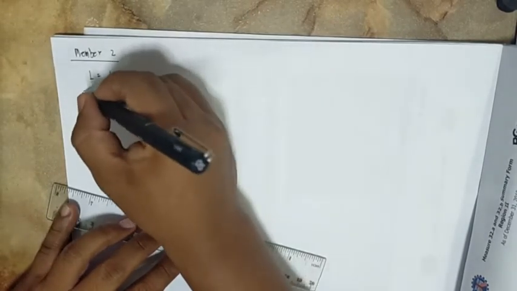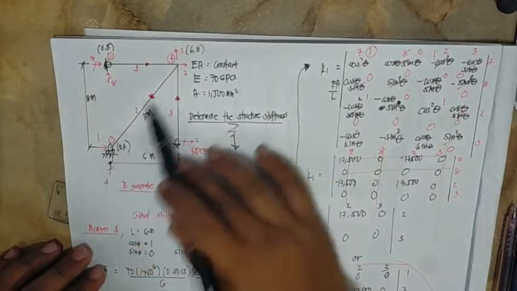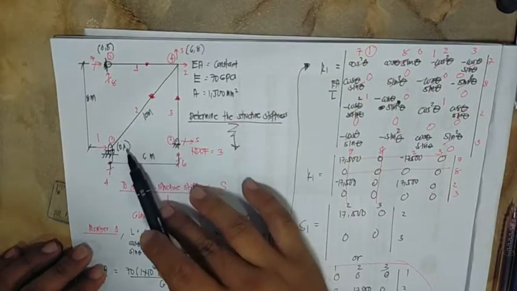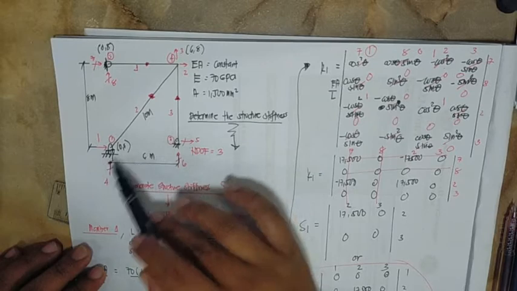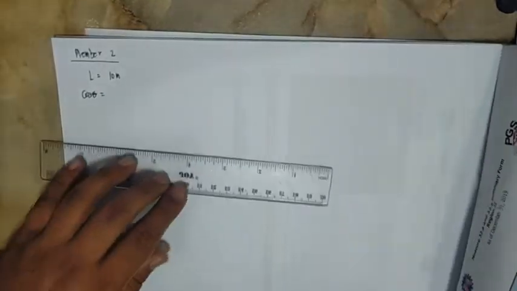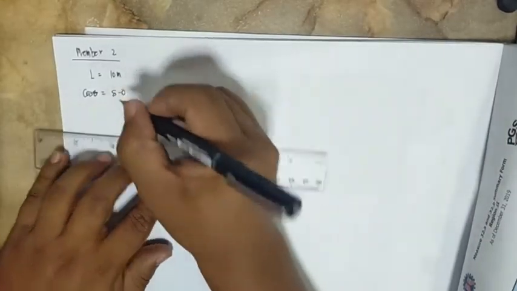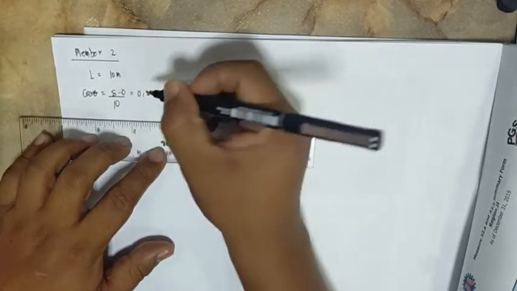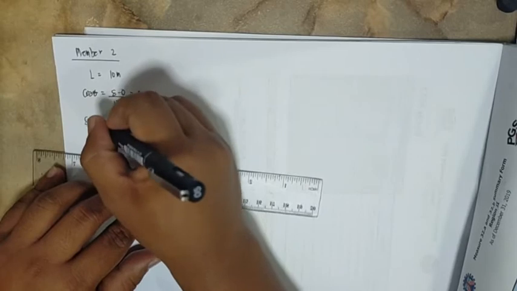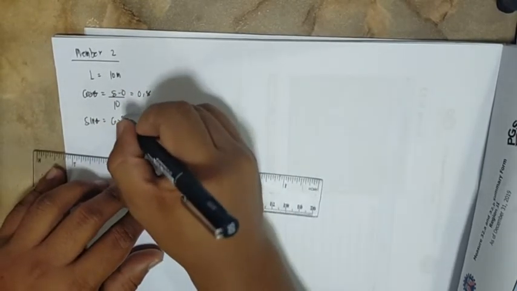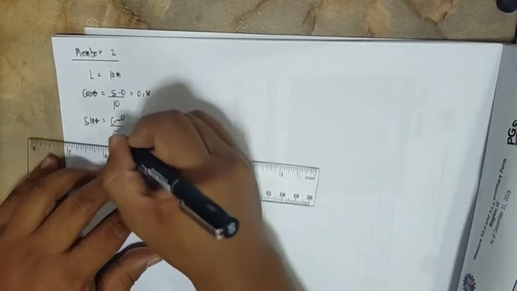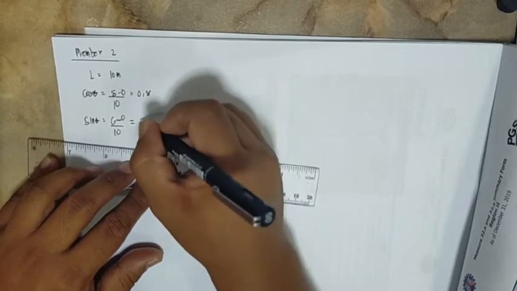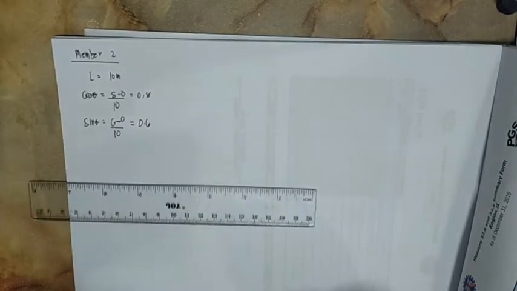Then, cosine theta will be, considering these two, cosine theta is x2 minus x1 over length. So, it will become 8 minus 0 over 10. It will become 0.8. Sin theta will be 6 minus 0 over 10 is equal to 0.6.